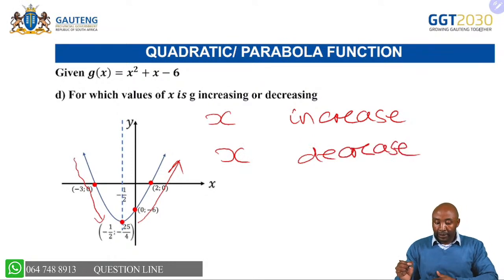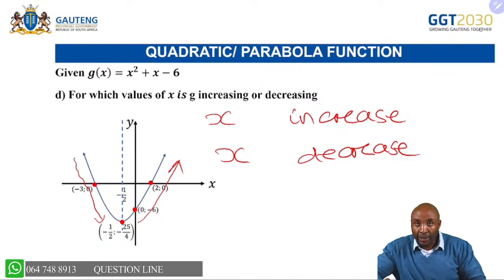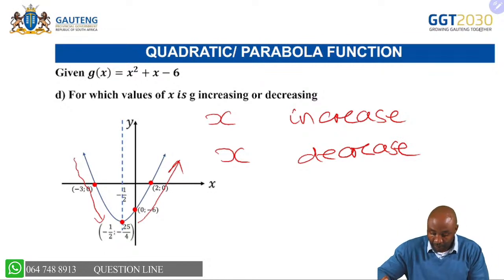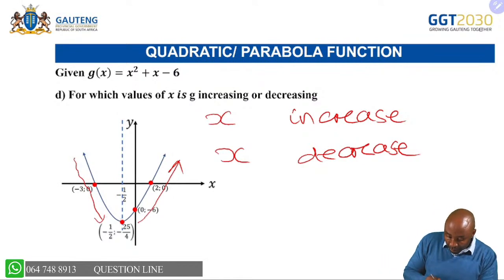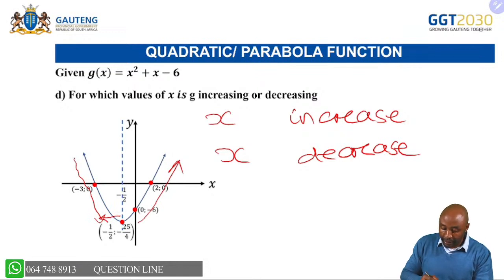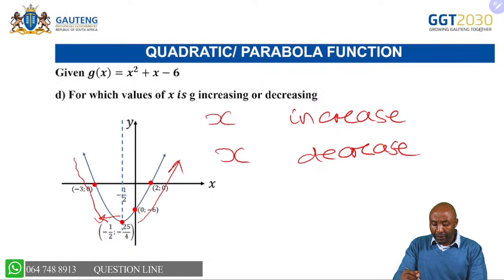Quickly fill in. I'll give you a few seconds to fill in the information there of the solution. I hope you realize that on the left of our axis of symmetry, those values are less than negative half.